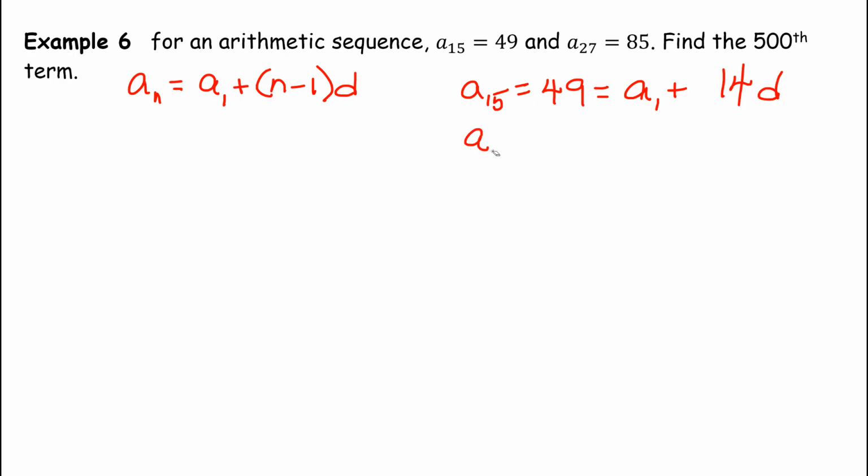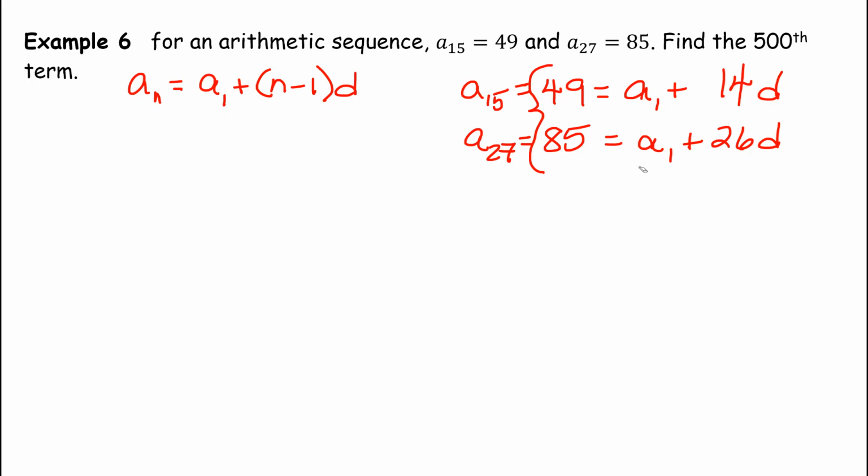A sub 27, that's the 27th term, equals 85. So that is going to equal the first term plus 26d, one less than 27. So I've got two equations in two unknowns, a sub 1 and d. If I solve this system of equations, I can find out what a sub 1 and d are.